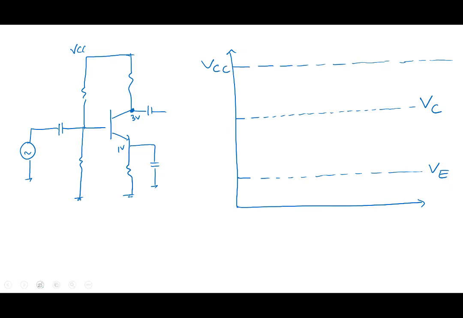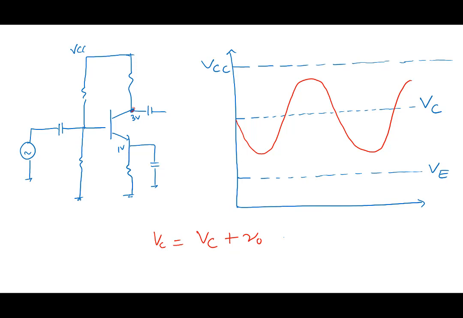Now remember what we said? We said that my actual voltage at this particular node goes like this. The voltage goes like this. The actual value VC is equal to the DC value plus the output value here.